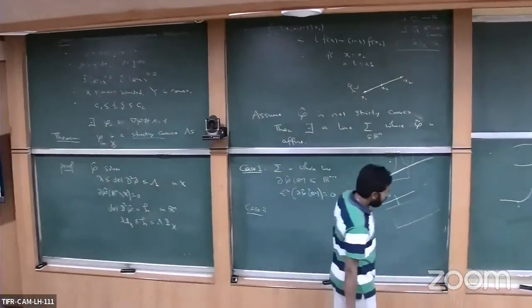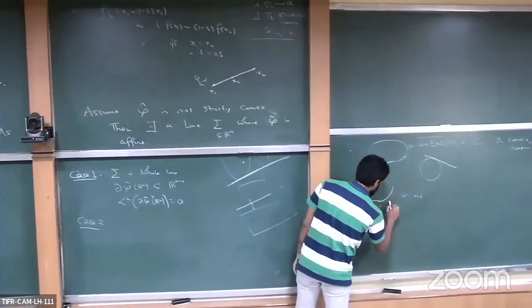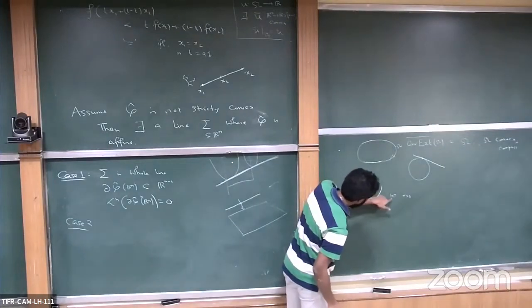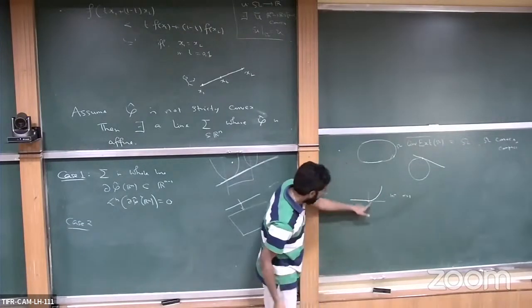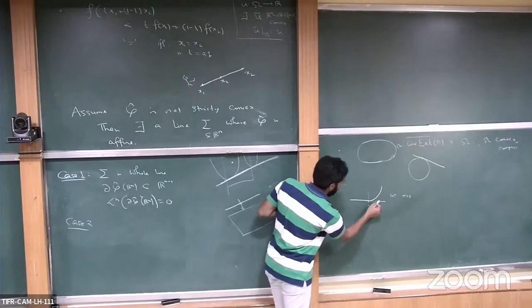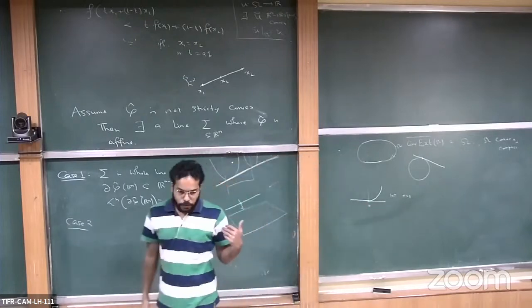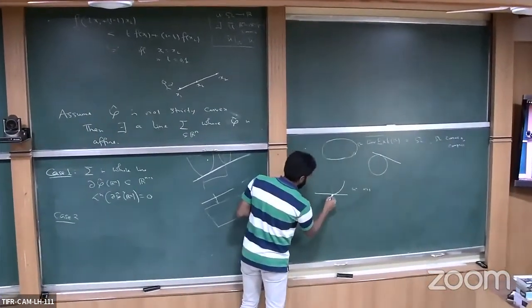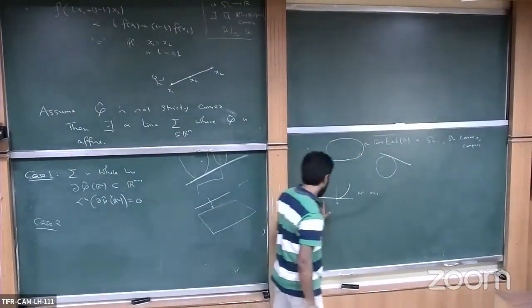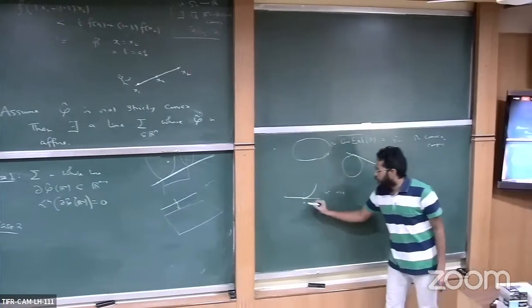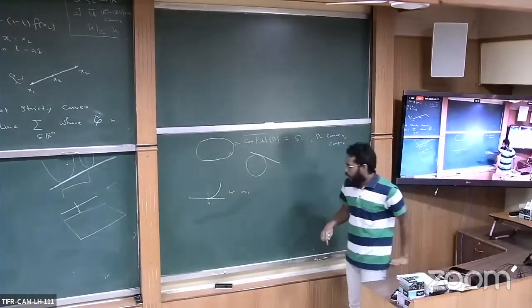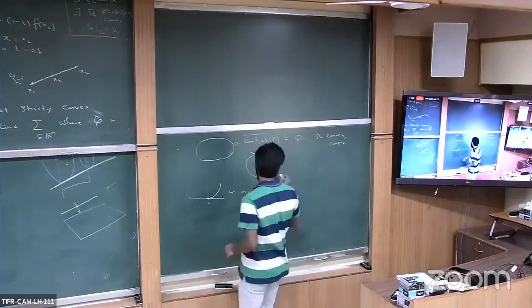But if you consider a supporting hyperplane around this point, then because it grows faster than linear, this is the only supporting hyperplane, right? So the supporting hyperplane also contains a lot of other points other than this 0 point. Okay? So this is the distinction between an extreme point and an exposed point.